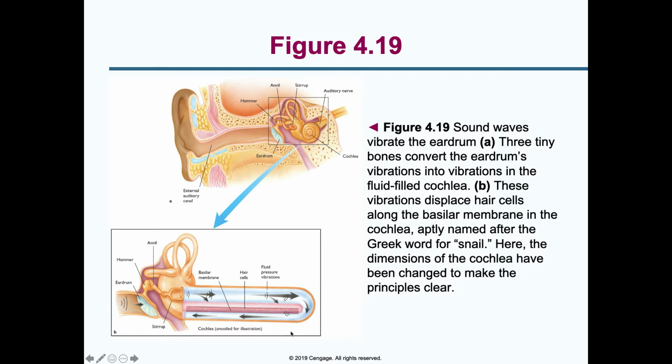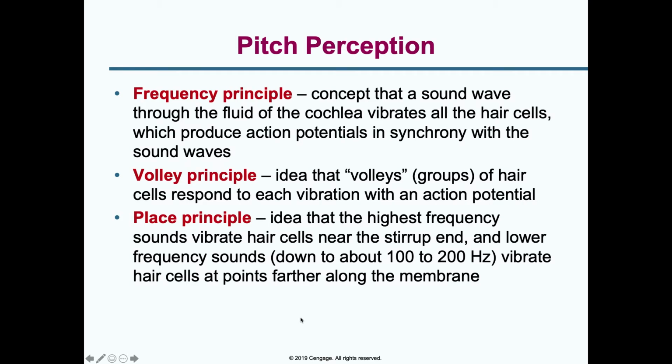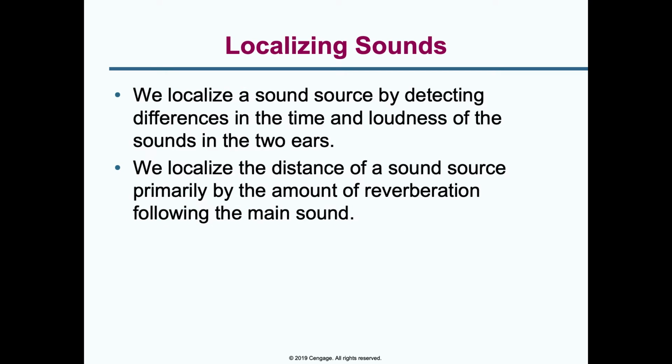And so those are lower frequency sounds. All right. So that helps to think of it that way. Think of when a ball gets thrown, it's usually faster where it first gets thrown versus when it gets to the end of where it's being thrown. Then it's going a little slower if you think about it that way. Okay. When we talk about localizing sounds, it's a couple things to remember.